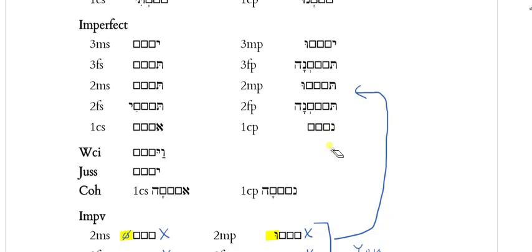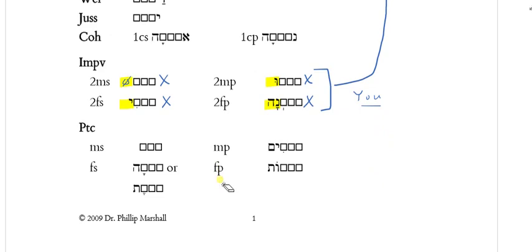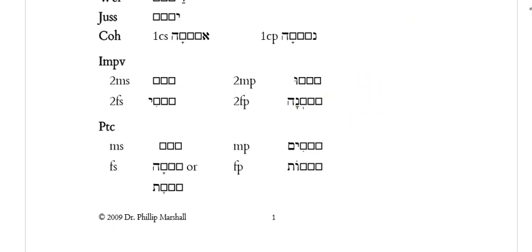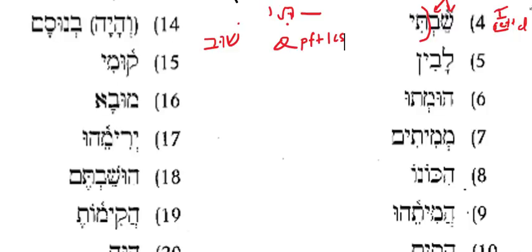And among all the imperfects, we have lots of prefixes, but no holem vavs over here, no holem vavs over here. And among the imperatives and participles, there ain't no holem vavs. Okay? So we are holem vavless, which means that this holem vav that we're seeing in our exercise question cannot be an actual personal ending. So it must be something else.